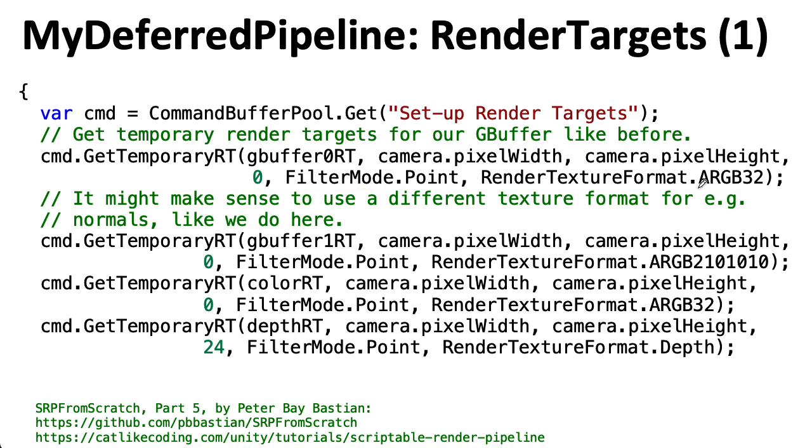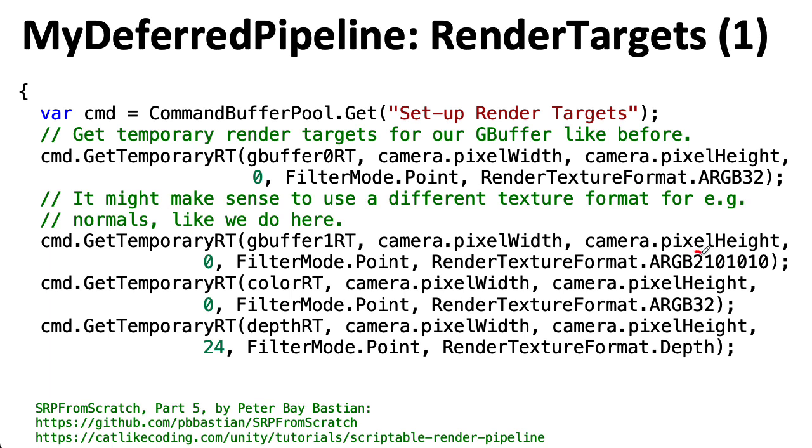The last argument is the data format. So .argb32 indicates that we're using 8 bits per channel. That's what we're using for GBuffer0 that stores albedo color information and our final color render target. Now, for GBuffer1, which stores normal information, we're using something else. We're using this weird ARGB2101010 format.